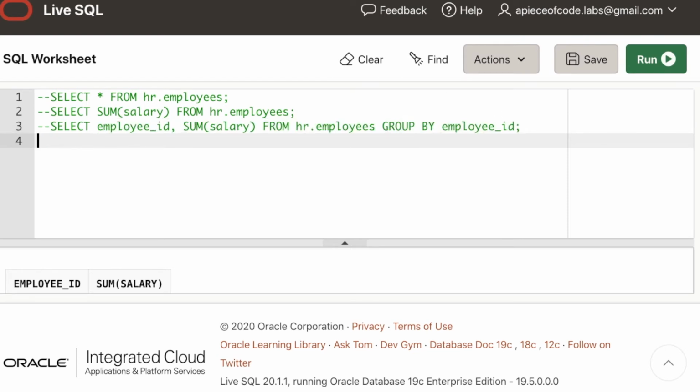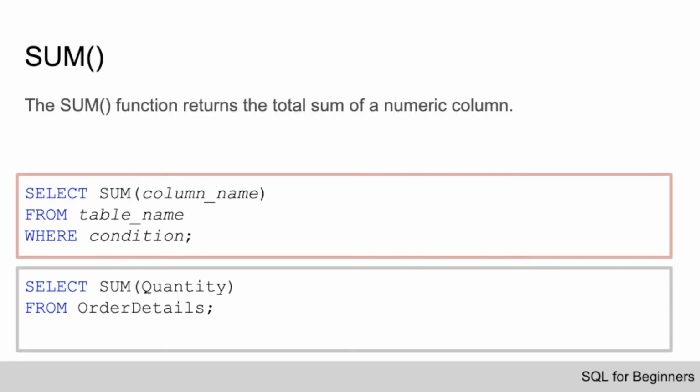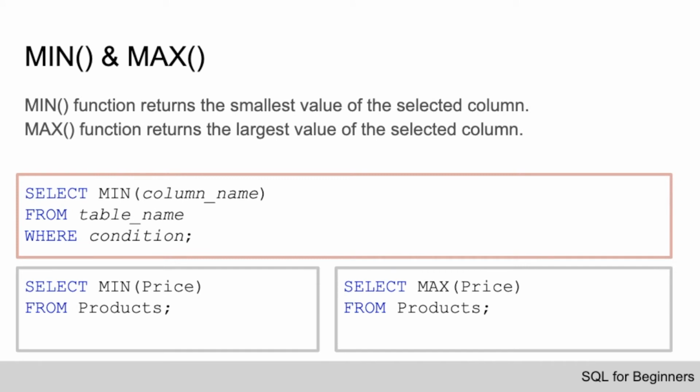Now we'll talk about the minimum and maximum functions. These two functions return the smallest and the largest value of a certain selected column.